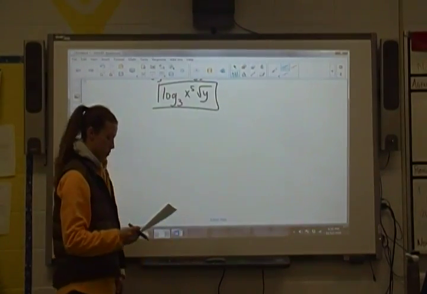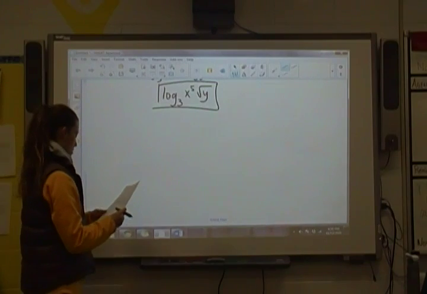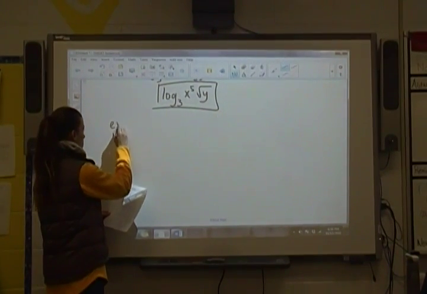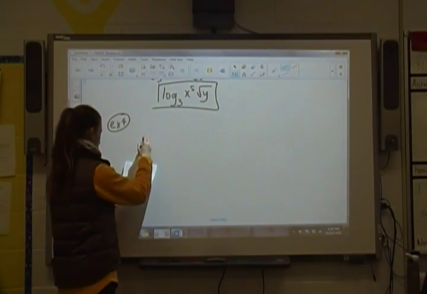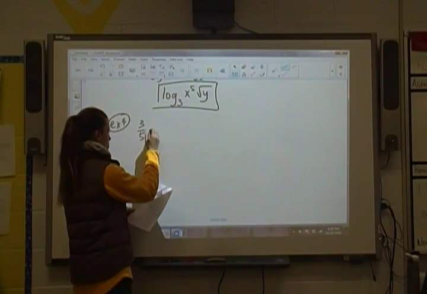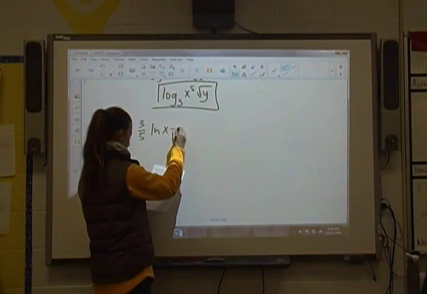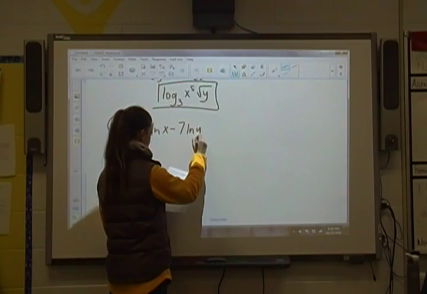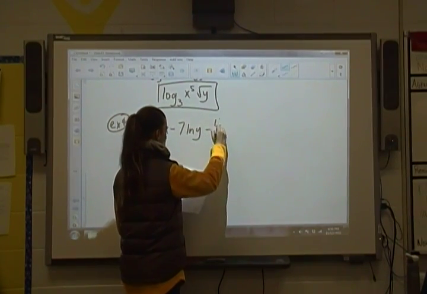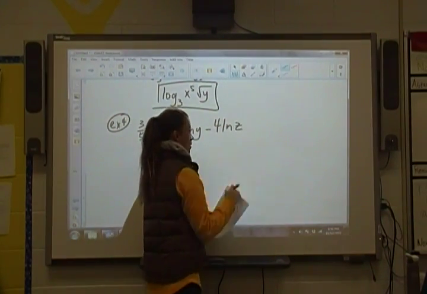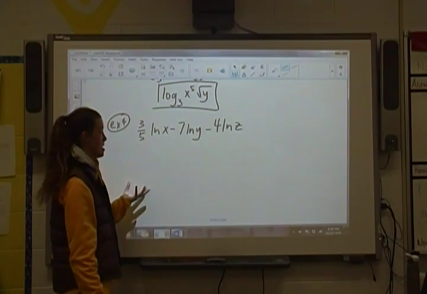Let's do another one, maybe one a little crazier. All right, so if I have 3/5 natural log of x minus 7 natural log of y minus 4 natural log of z. Now they're all natural logs, so we all have the base of e.